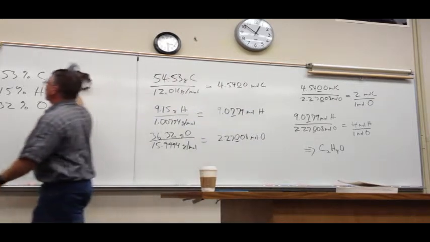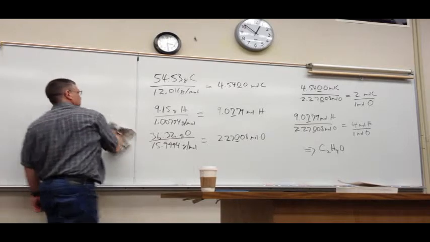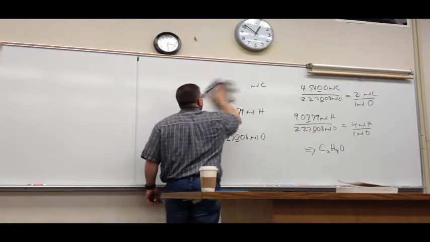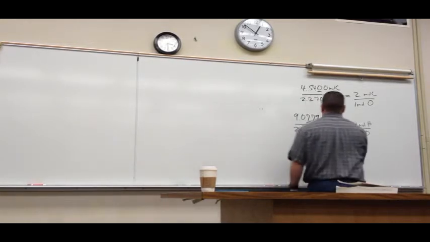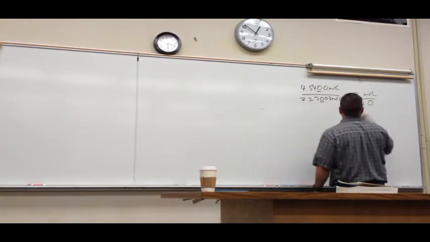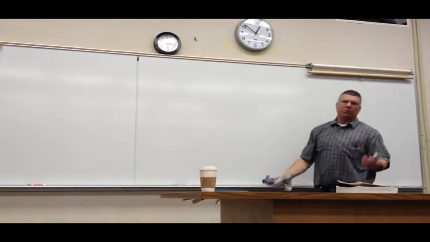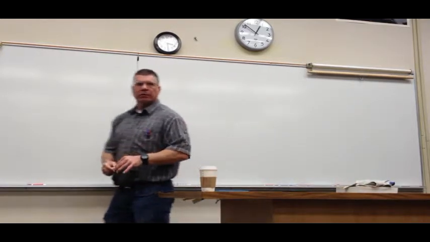So, limiting reactant. I could either ask you for the limiting reactant, or the theoretical yield, or the percent yield. All of those would use limiting reactants, no problem. But just limiting reactant? Yes.